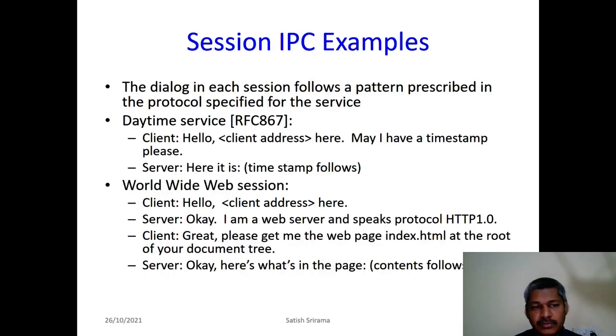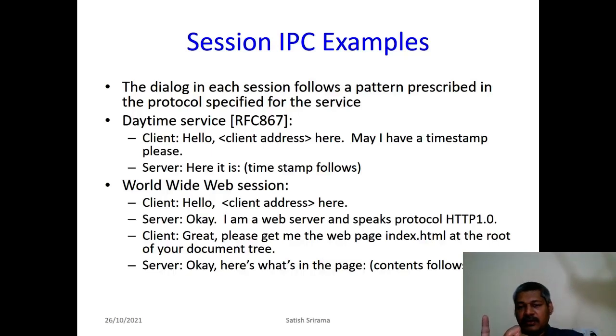Let's look at the dialogue that happens as part of this protocol, the daytime service. The client will ask, hello, and it also has to give its address, because the server needs to respond back. So there is a client and a server. The client says hello, this is my address. The address is to be sent by the client.